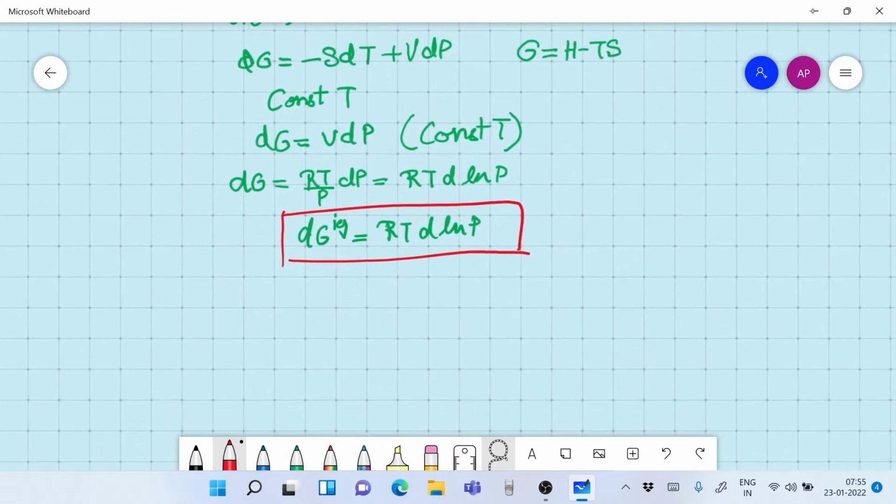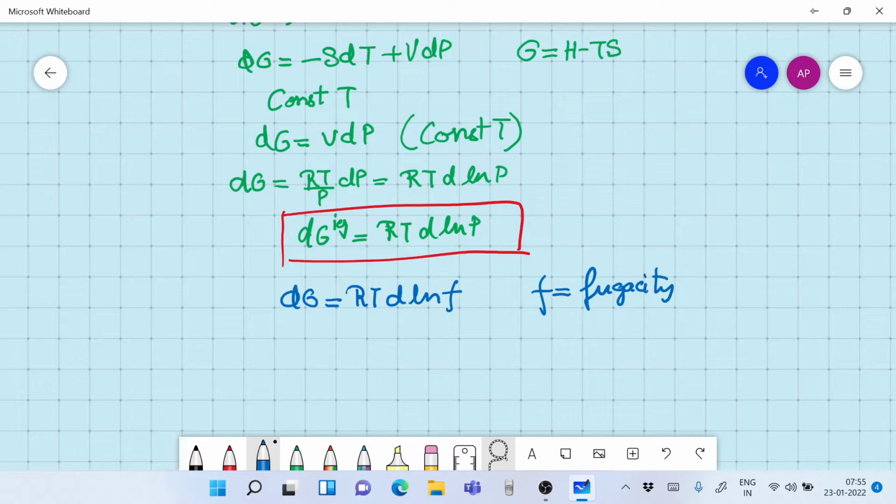For a real gas, we can say dG is equal to RT d ln f, where f is defined as fugacity. Now, this is a mathematical concept that gets introduced because for an ideal gas, if we have pressure P, then we replace it by a number, fugacity, right?